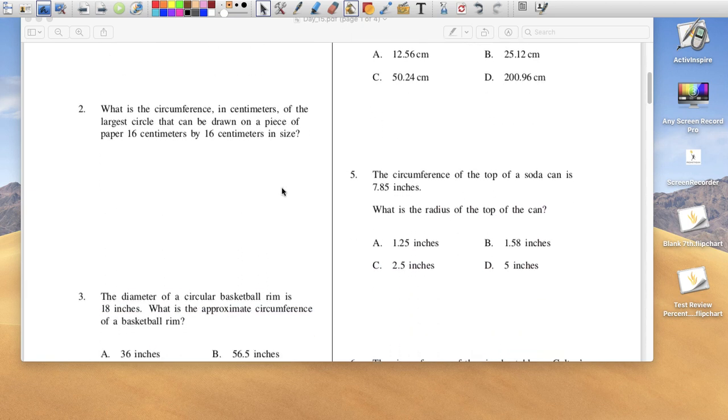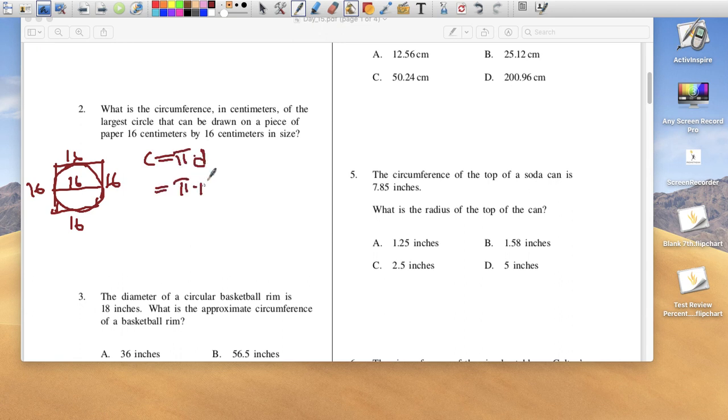Number 2, what is the circumference in centimeters of the largest circle that can be drawn on a piece of paper? 16. So if you have a square piece of paper, and this is 16, this is 16, this is 16, this is 16, and you draw a circle, what's the largest circumference? Here's the circle inside, and the diameter is obviously 16, so C equals pi d.